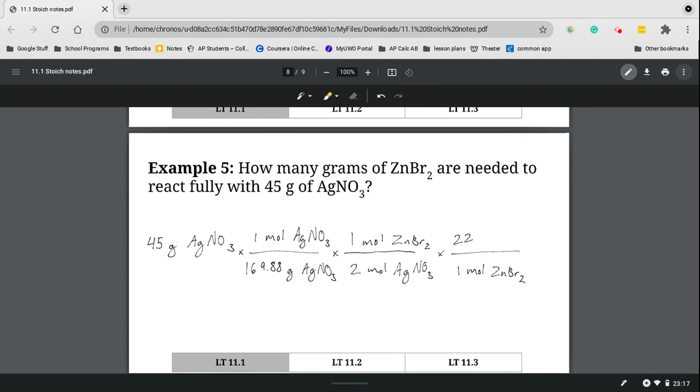There's 225.19, again calculated separately, grams ZnBr2, which equals 30 point, because there's 2 sig figs there, 30 grams ZnBr2.